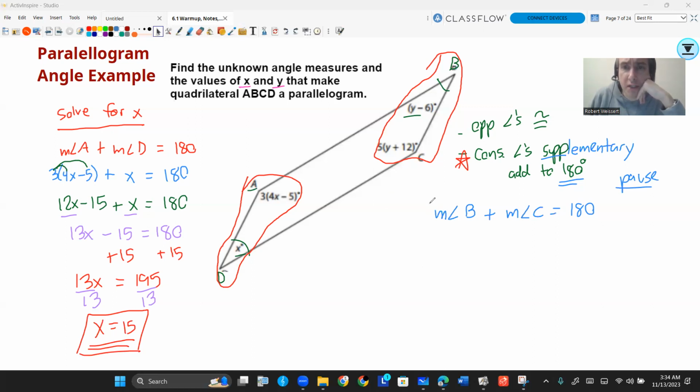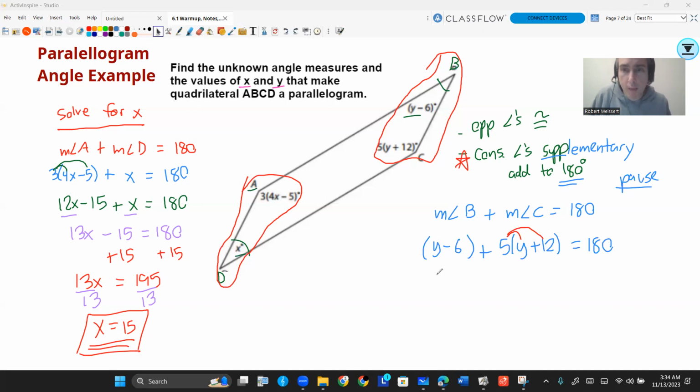All right, hopefully you had a chance to try this on your own. Angle B is going to be y minus 6 plus 5 times (y plus 12) is equal to 180. I'm going to distribute. I don't need the parentheses around the y minus 6, but I will distribute that 5 into the y plus 12.